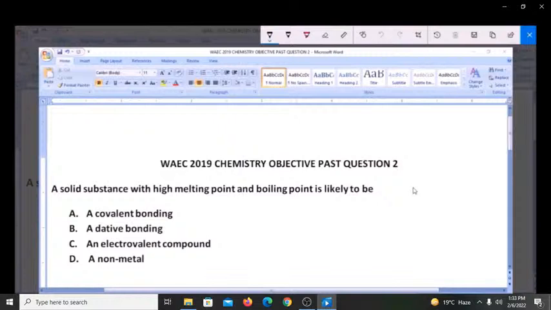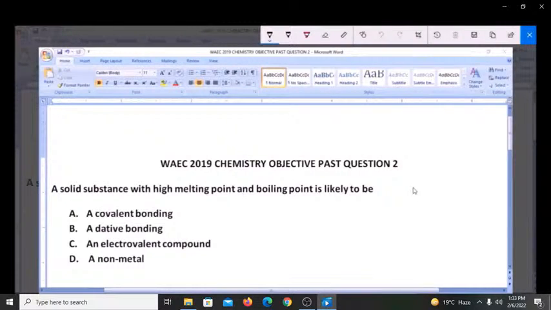And C is an electrovalent compound. An electrovalent compound is a compound that comprises atoms that are bonded together by an electrovalent bond. Electrovalent bonds are formed by positively and negatively charged atoms, which are ions.